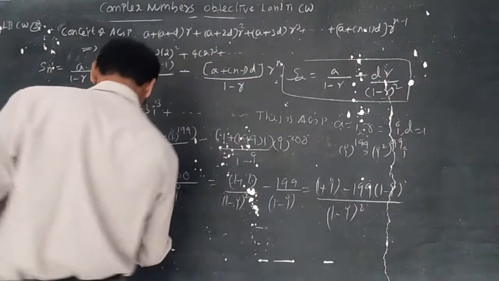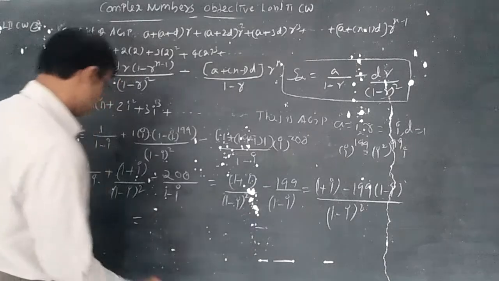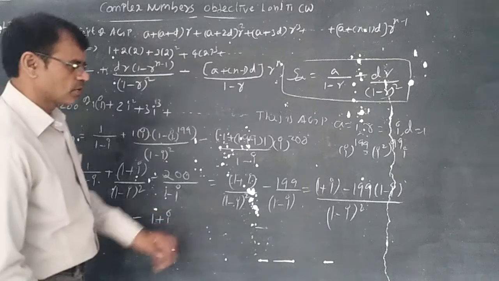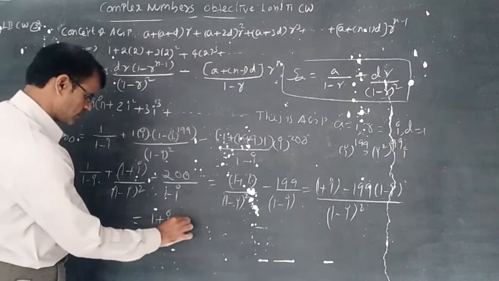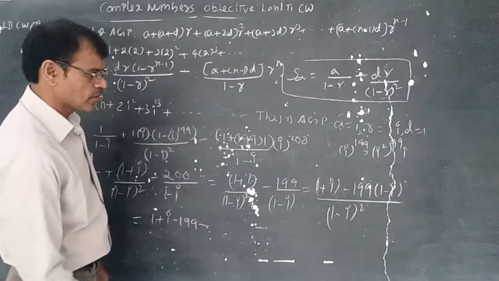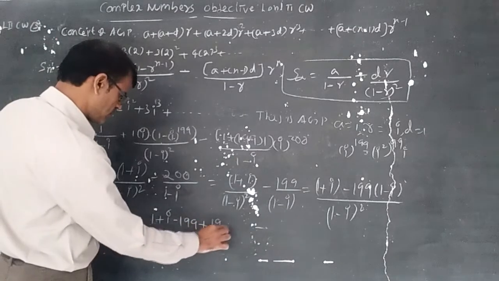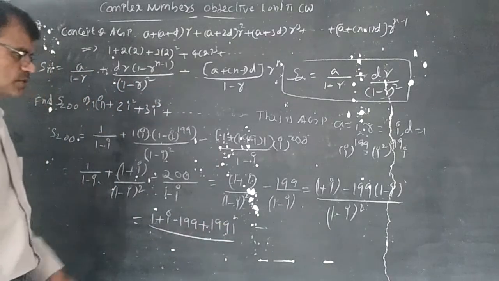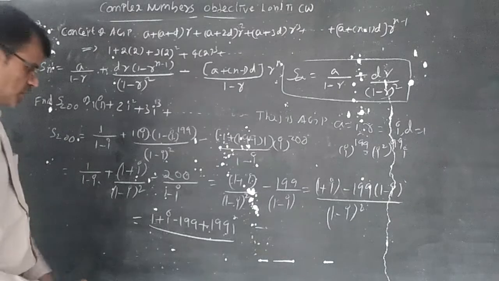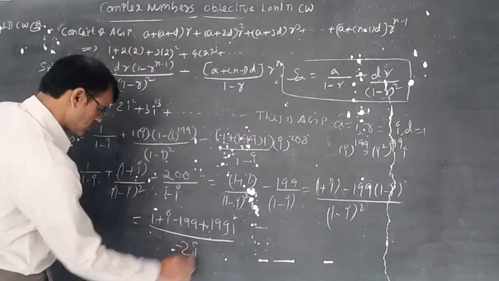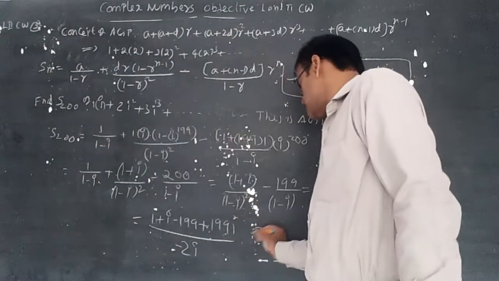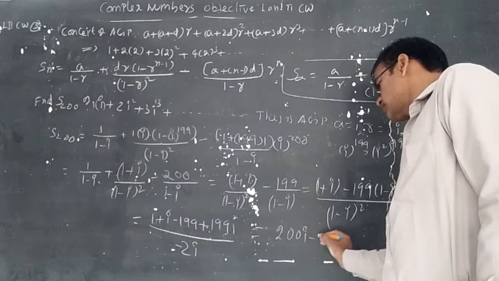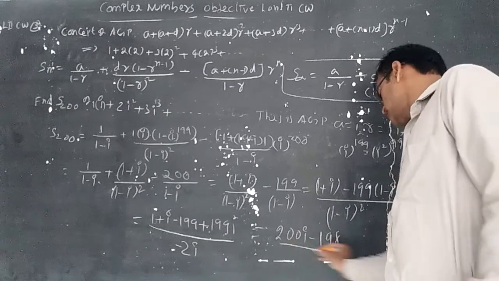That is equal to 1 plus i, minus 199, plus 199i, whole by 1 minus i whole square, which becomes 1 plus i square minus 2i. So it is simply minus 2i. 199i plus i becomes 200i, minus 198 by minus 2i.